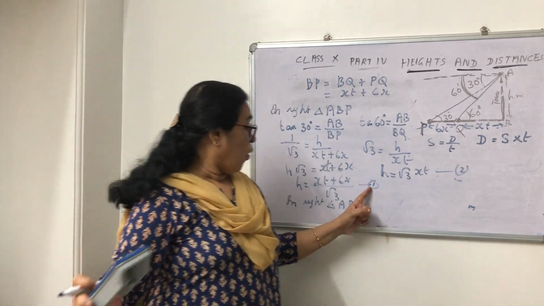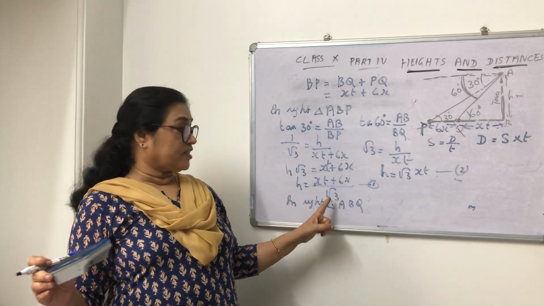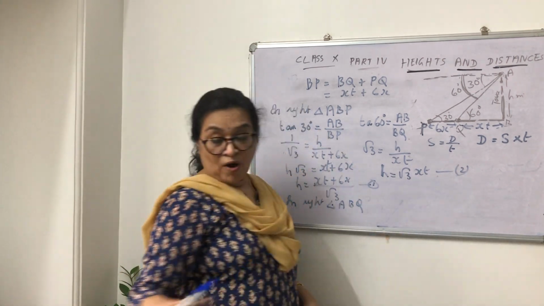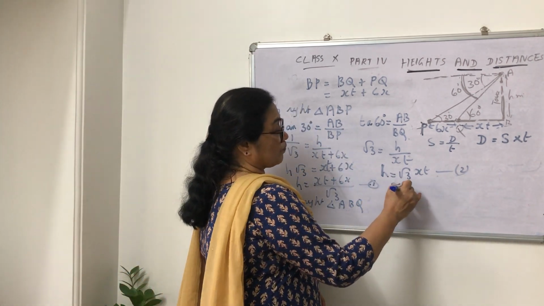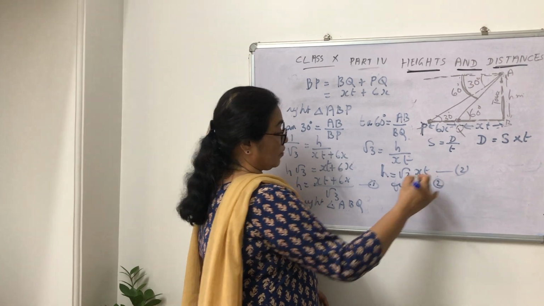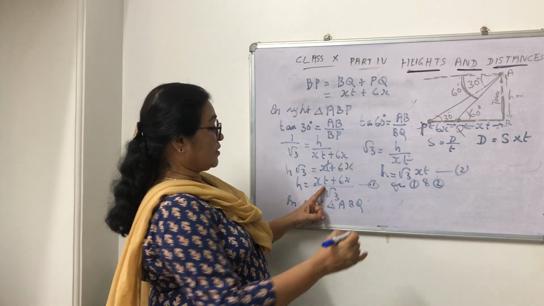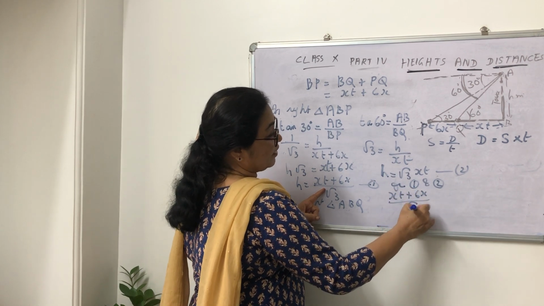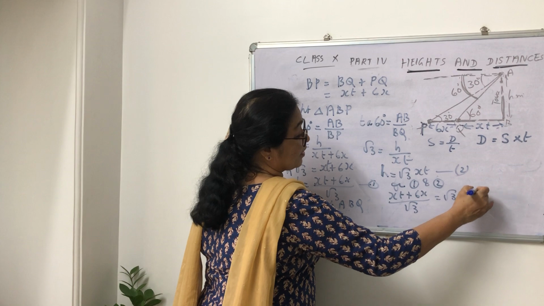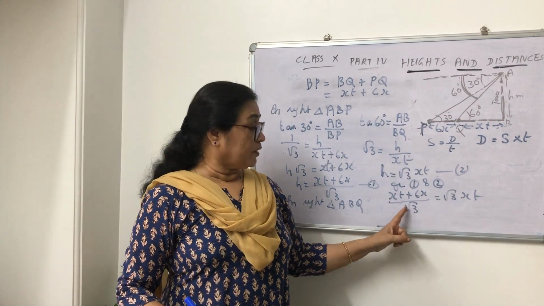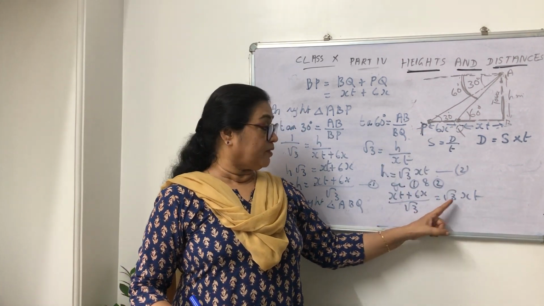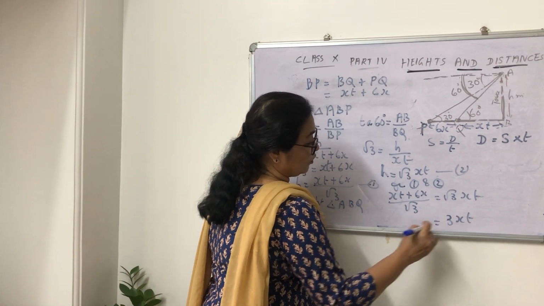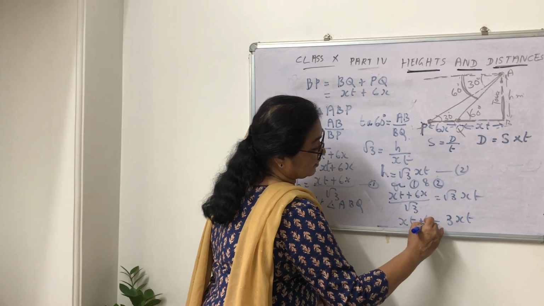So from 1 and 2, xt plus 6x by root 3 equals root 3 xt. When I cross multiply, root 3 and root 3 will become 3. So it is 3xt equals xt plus 6x.